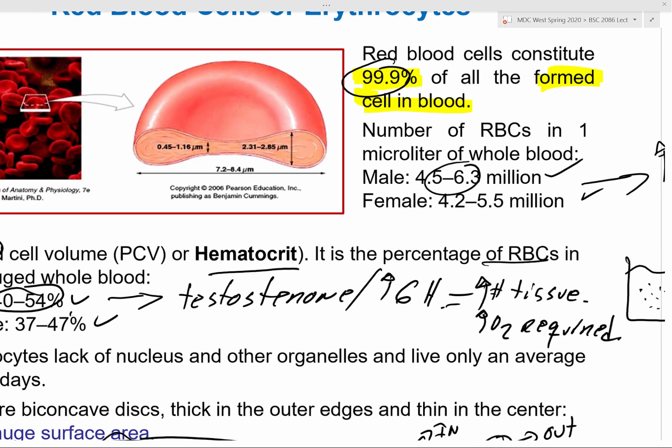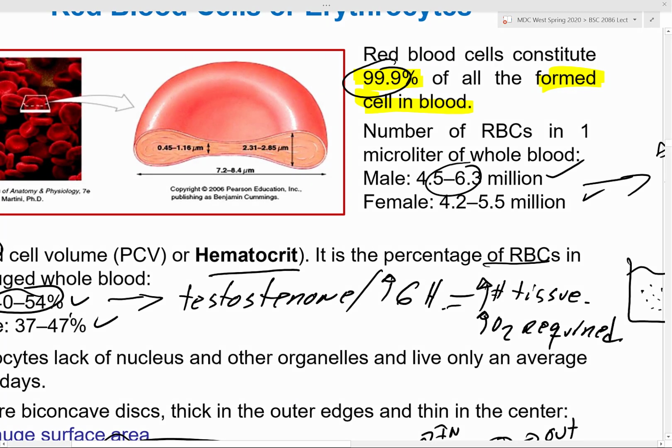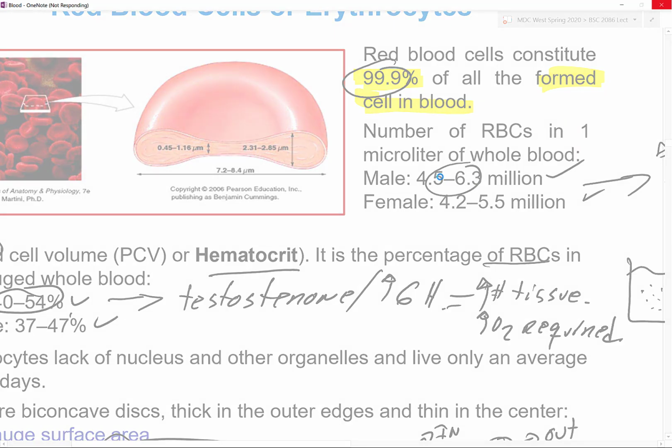So normally, how many red blood cells does a male possess? About 4.5 to 6.3 million. Okay? A female, 4.2 to 5.5.